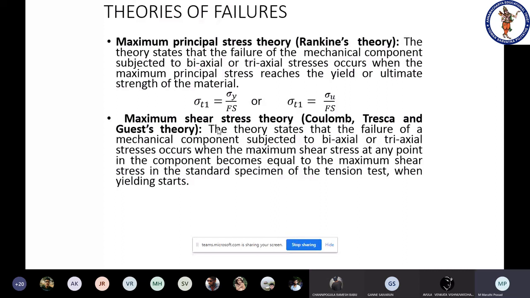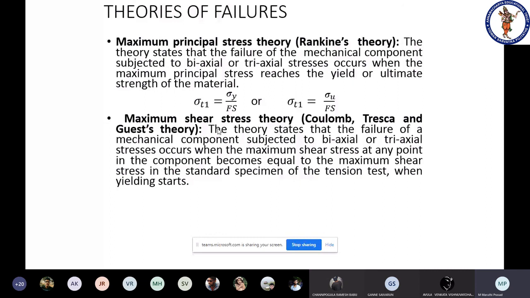So what statement can we write? Here we are comparing shear stress. One is the individual shear stress, the other is a property of the material, which is also shear stress. If the individual shear stress is less than or equal to the allowable shear stress of the material, there is no question of failure. If it is greater than the allowable shear stress, failure occurs.